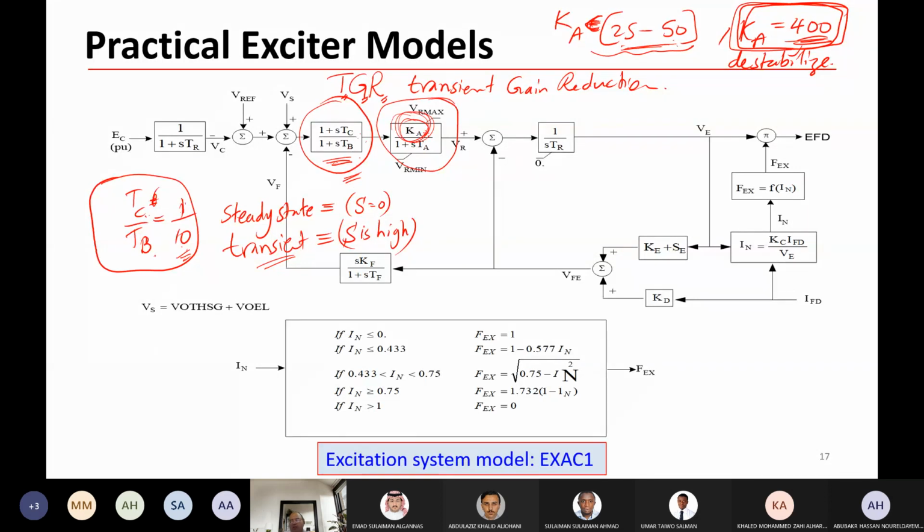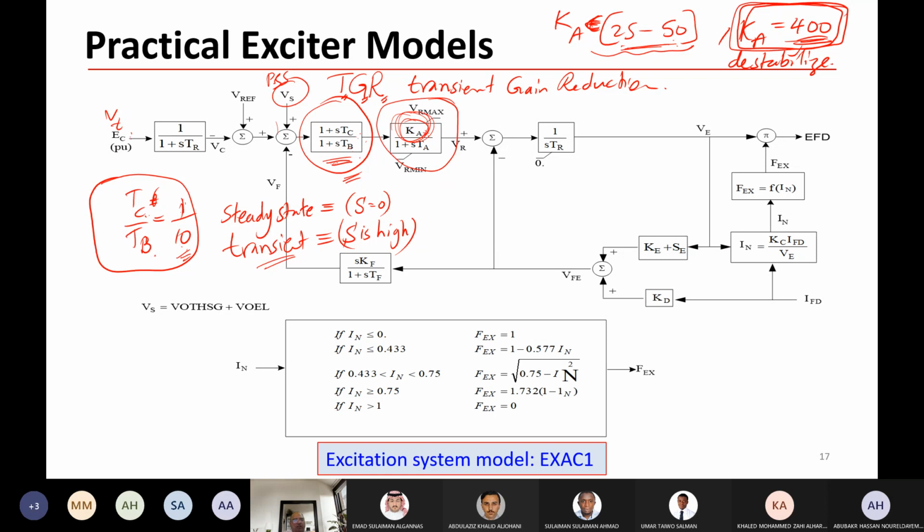So to solve this problem, now we need the Ka to be very high. We need to regulate the voltage here. The voltage comes from here, this is the stabilizer voltage, if we have a power system stabilizer, and this is the terminal voltage.